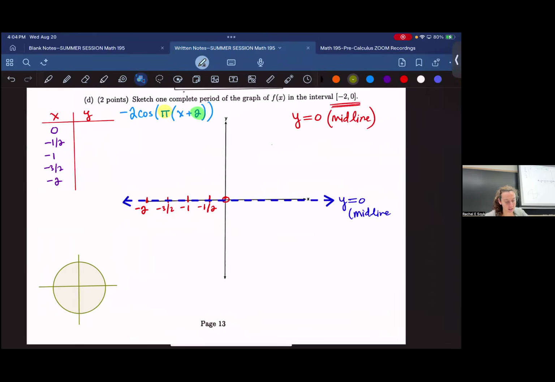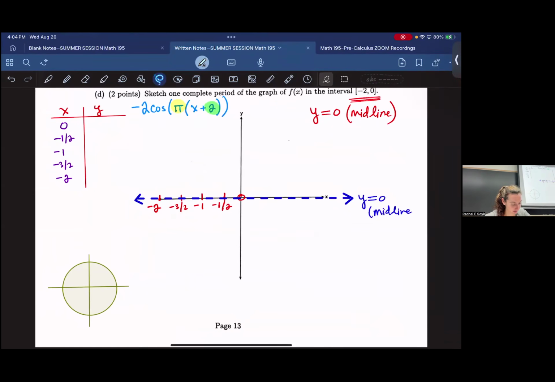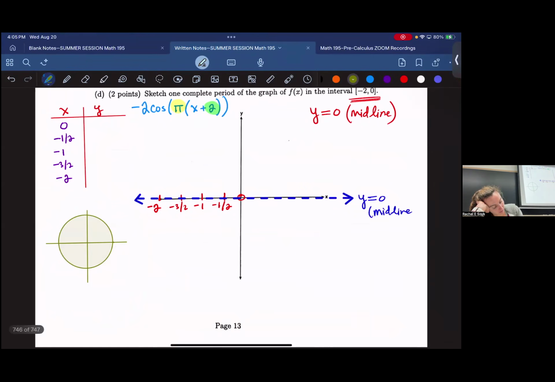I promise it's not me. It's the iPad doing stuff. Right. Cosine of 2 pi is just 1. And so this whole thing ends up being 1 times -2, which gives you -2.